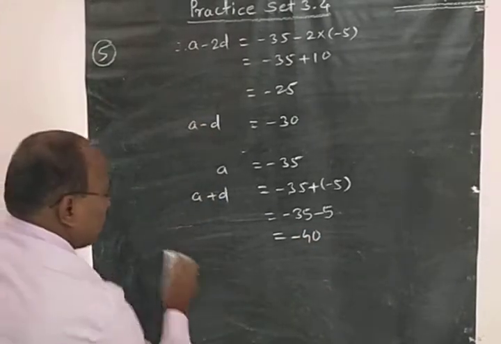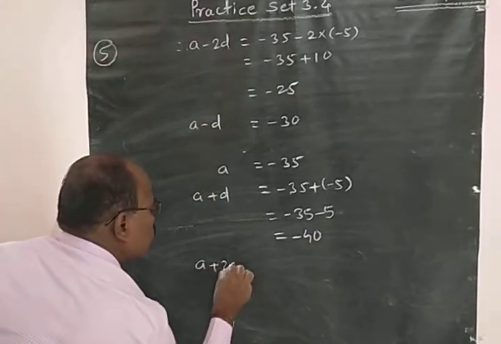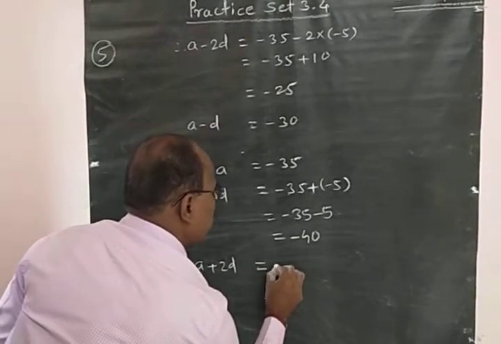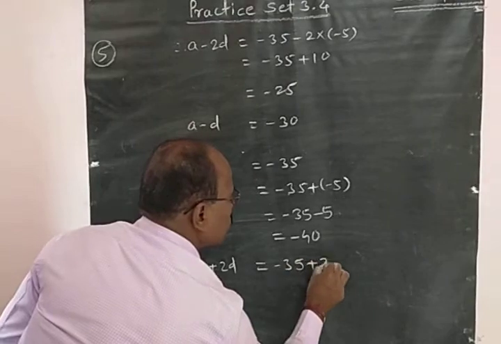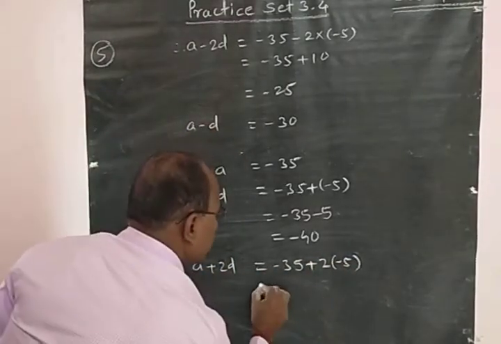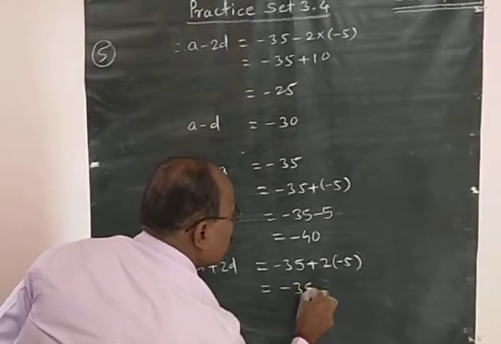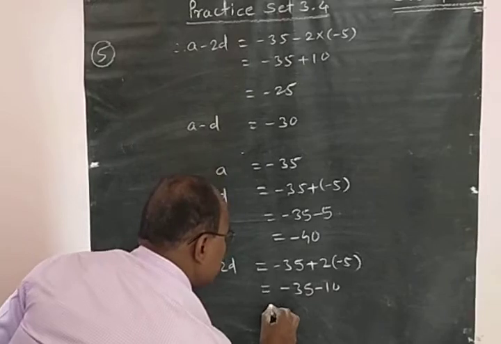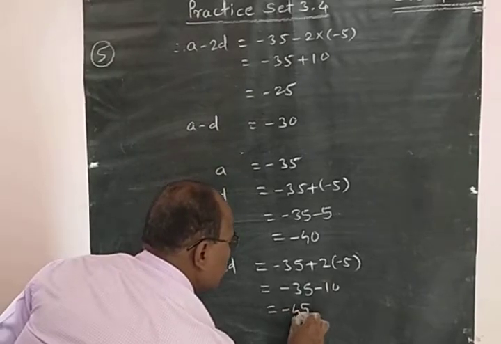Again A plus 2D is equal to A, that is minus 35, plus 2 into D, that is minus 5. That is equal to minus 35 minus 10, that is equal to minus 45.